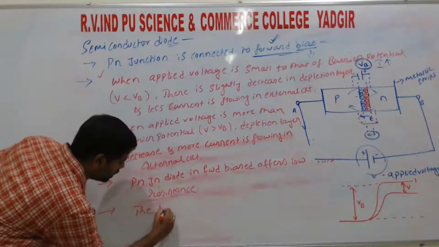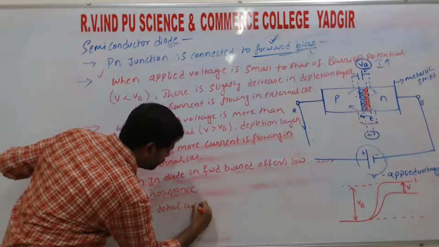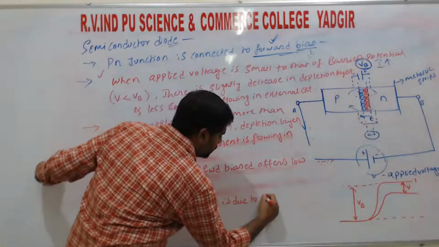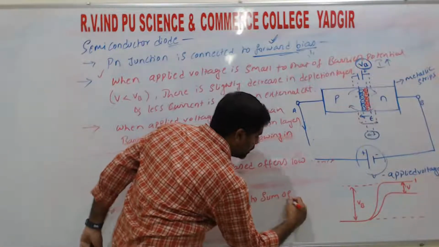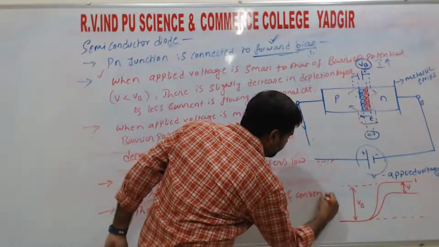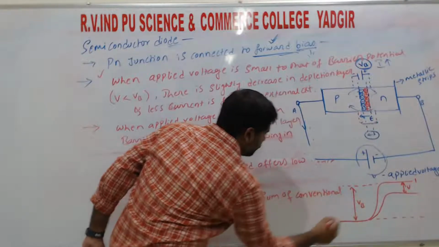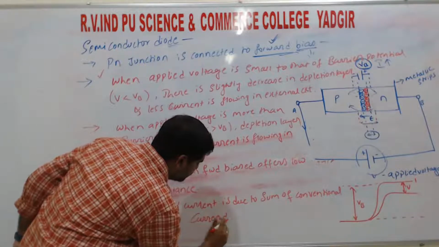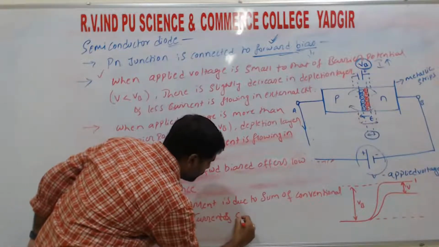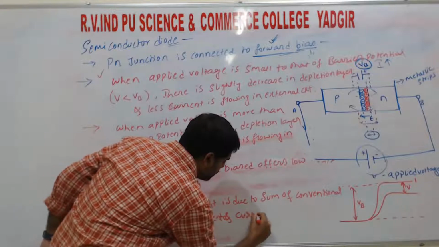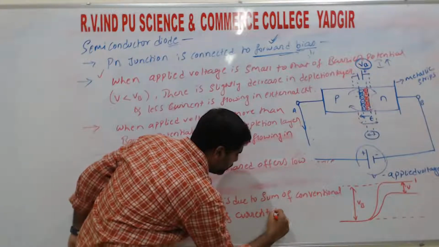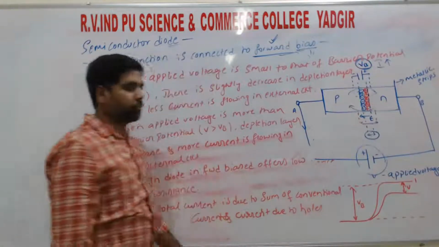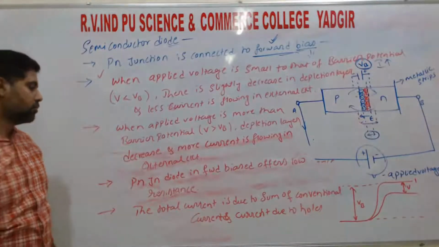And the last point here is the total current is due to the sum of conventional current and current due to holes, right?